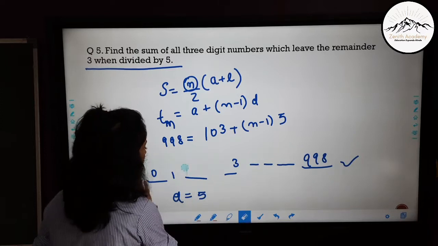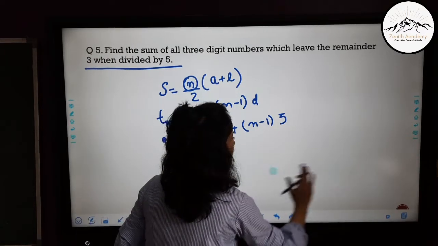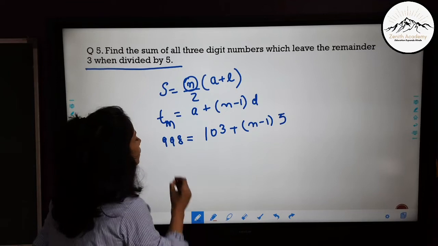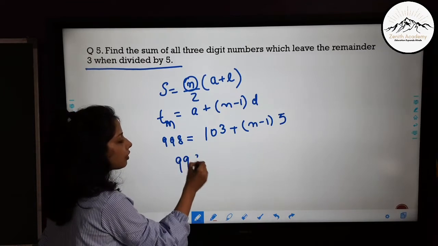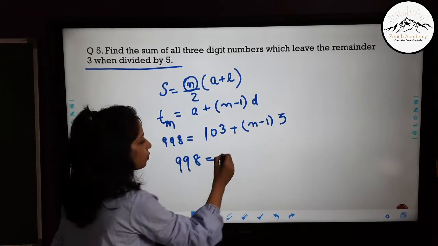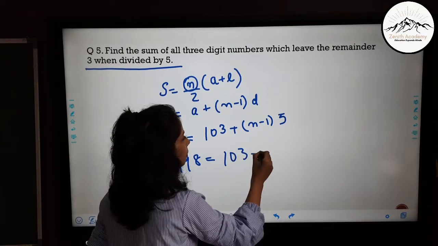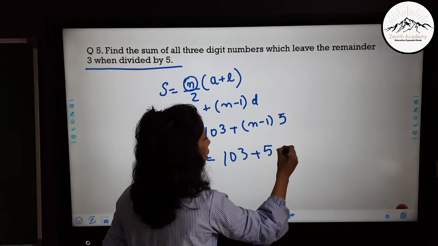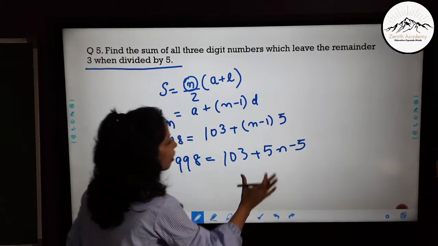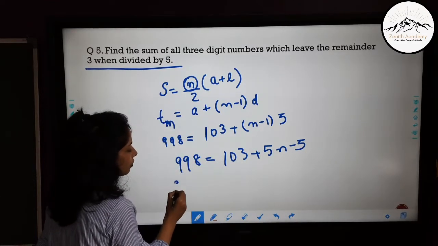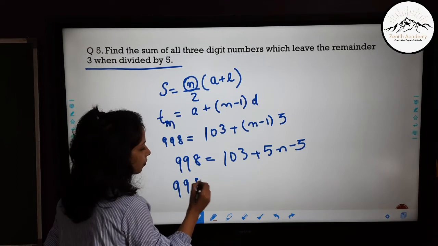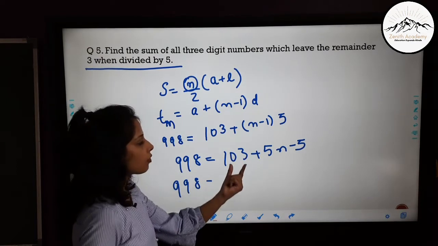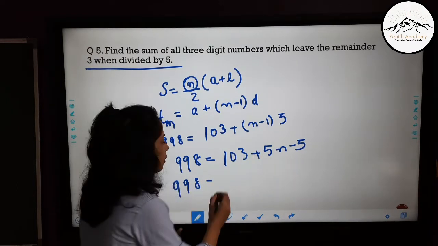So solving it further, we will get 998 is equal to 103 plus 5n minus 5. 103 minus 5 will give us 98.